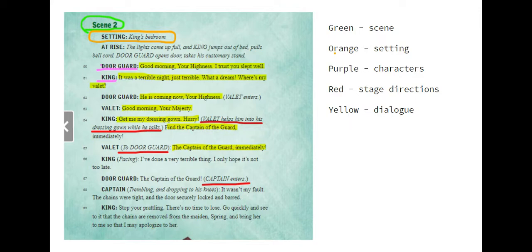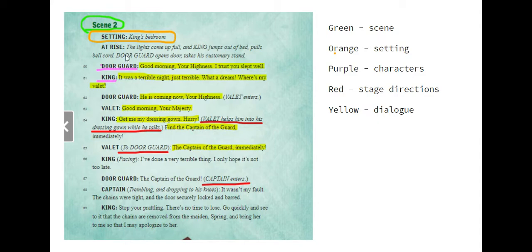What that tells us is in this act, this part of the play, the scene, the backdrop is changing. And if you look directly below that, it says Setting, the King's Bedroom. Now, scene one has a different setting. Scene 2, the setting changed to the king's bedroom, and it's all clearly indicated right here at the top, scene and setting. Do you see that?